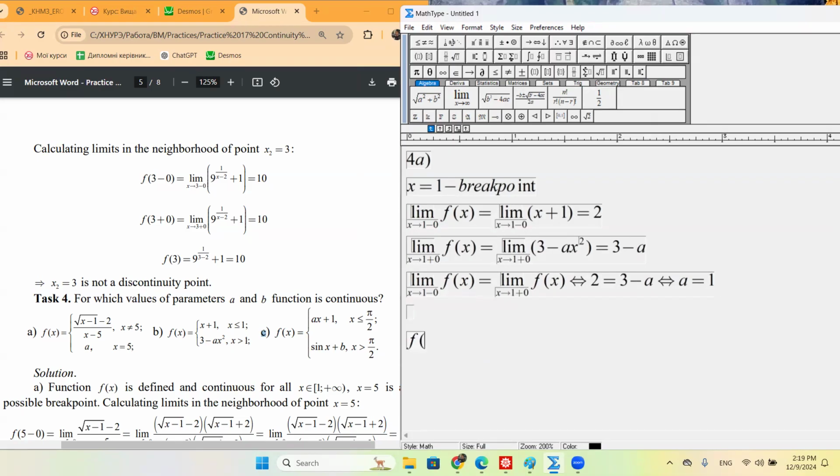So 3 minus 1. Basically it equals 2. So f from 1 plus 0 equals 2. So if we substitute, any questions? Okay, no questions, so moving next.